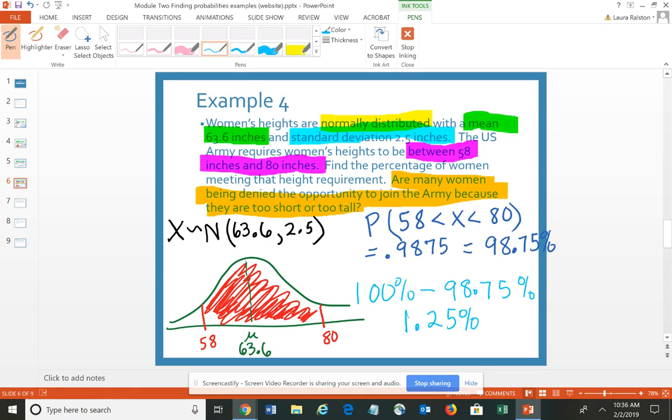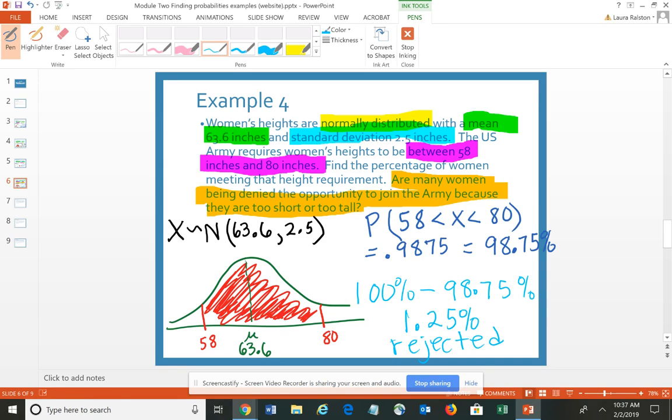So only 1.25% are rejected or not eligible. So I would say no, not many women are being denied the opportunity to join the Army because they're too tall or too short. It's only 1.25%.